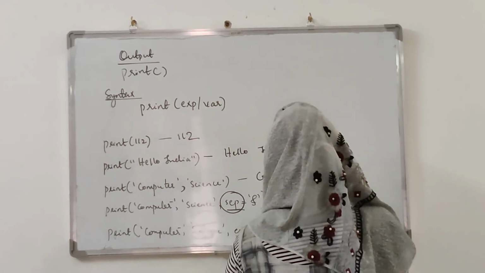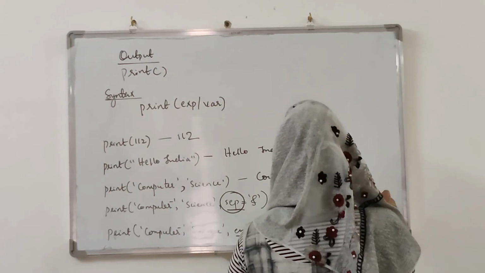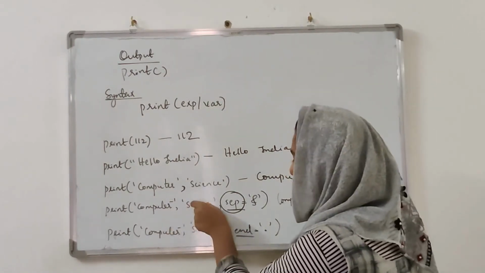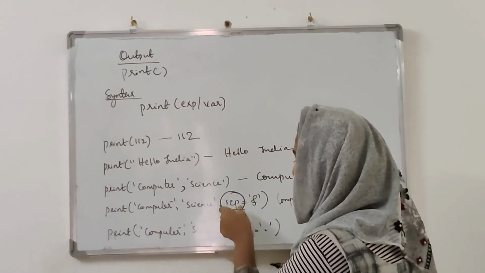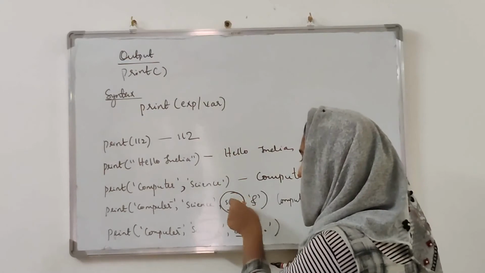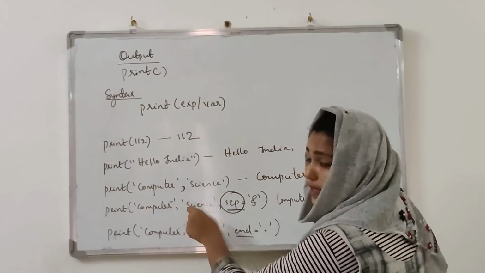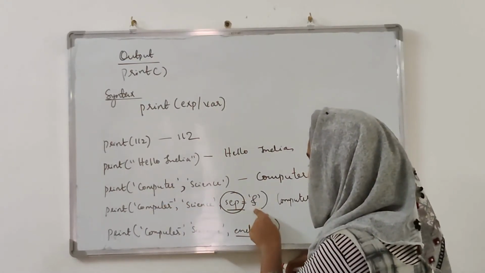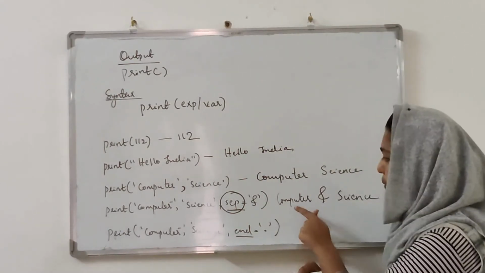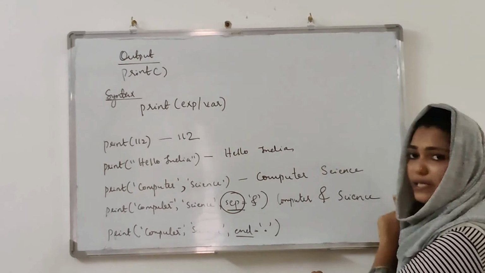Computer and science. So the first word, after that we can use a comma and write the second word. After that we can use a comma. Then sep, which means separation. What is the symbol we need to separate between these two words? Which symbol is specified? The symbol specified is ampersand. So our output will be like this: computer and science.